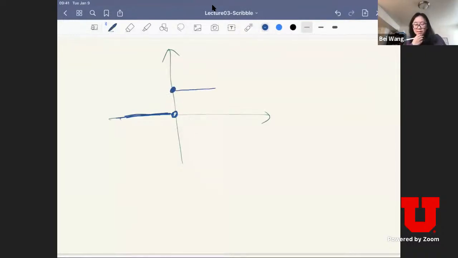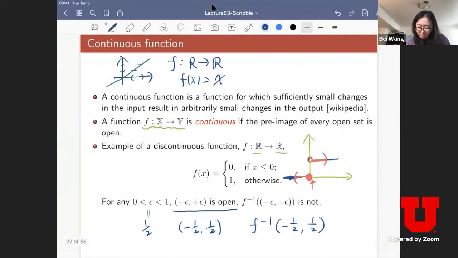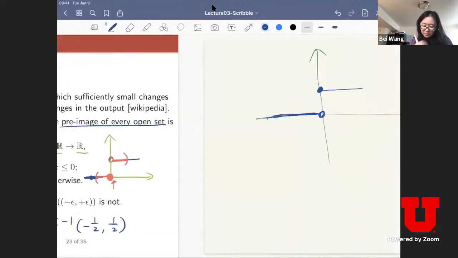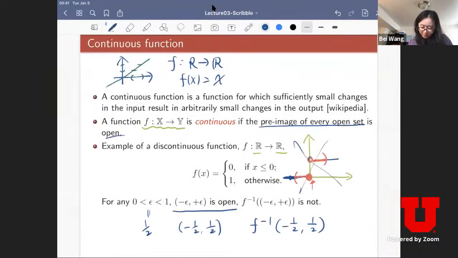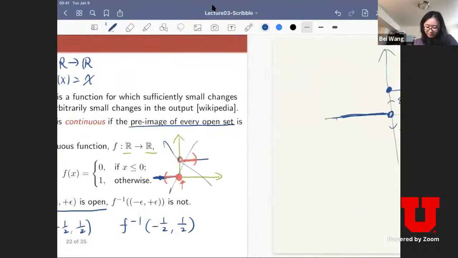Okay, so if I take the pre-image of an open set, this is minus epsilon to plus epsilon. So ignore this explanation here because I just did it reversely, but everything else is the same.